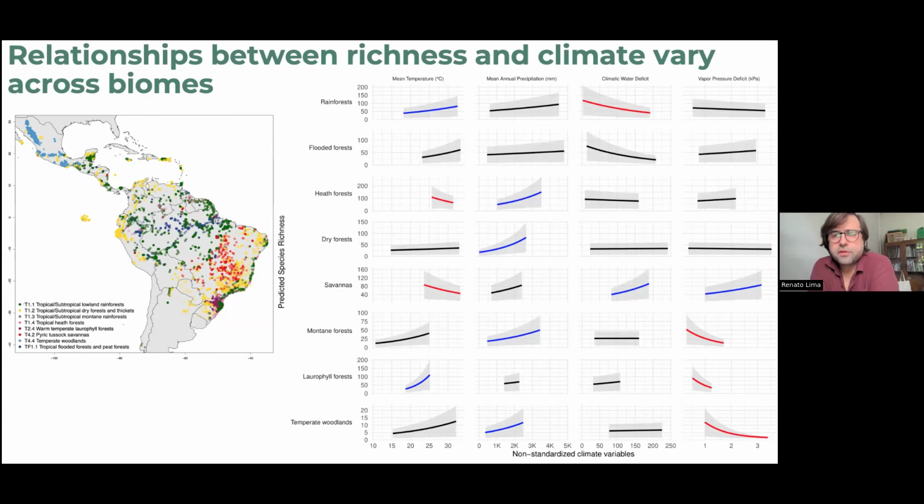And here we're trying to explain if there was any difference in those alpha diversity, climate or environment relationships across biomes. And we can see that for some of the biomes, we have positive relationships with some of the climate variables. For other biomes, we have negative relationships or negative slopes.